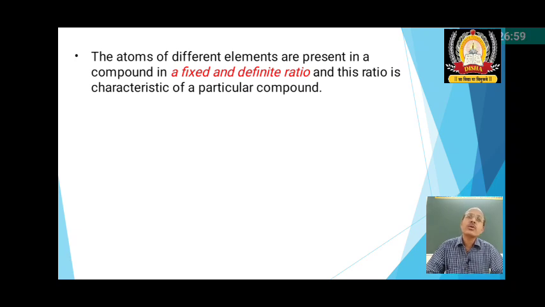To balance this, 2H2 plus O2 gives rise to 2H2O. 2H2 means the ratio will be 2:1. So in every compound, even though the same elements may be present, they are present in definite and different ratios. They are not in the same ratios in all the compounds. It varies from compound to compound.